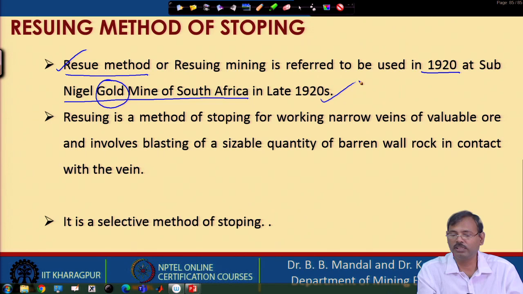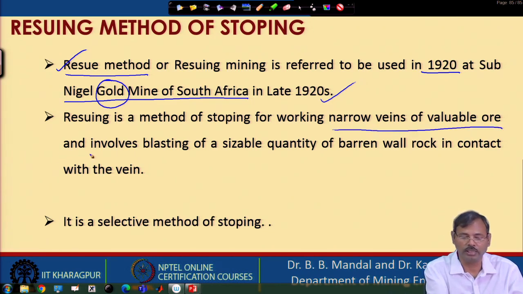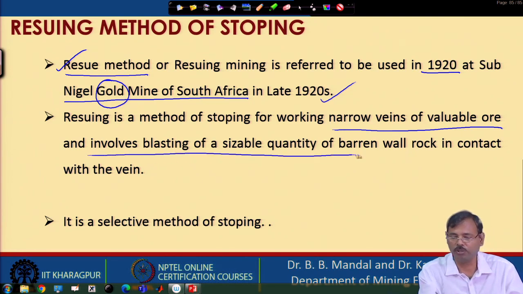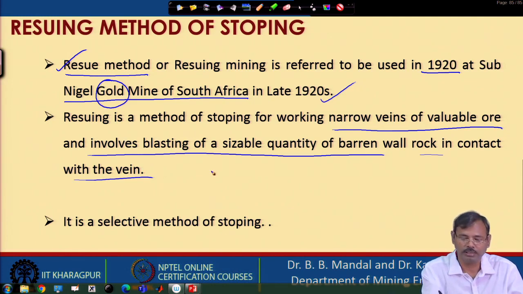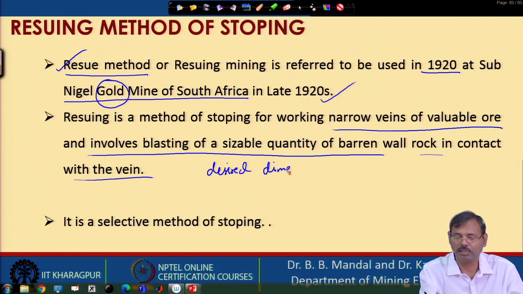And up to the 1960s, a number of other South African mines adopted this resuing method of mining, where narrow veins of valuable ores are mined, and this involves blasting of a sizable quantity of barren wall rock in contact with the vein to achieve the desired dimension of the opening.